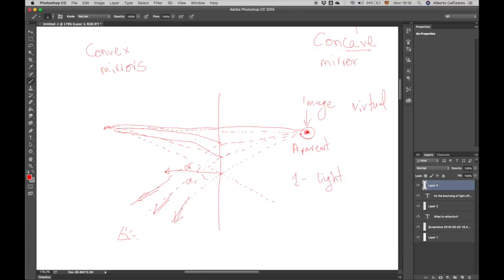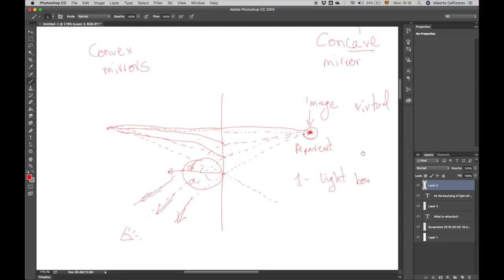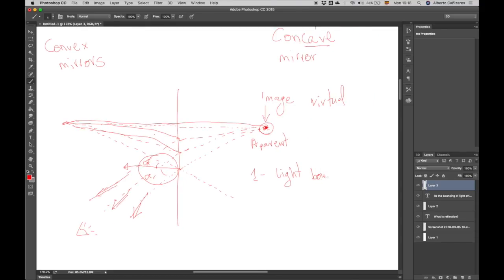So what we're talking about here, right? So light bounces at the same angle, right?